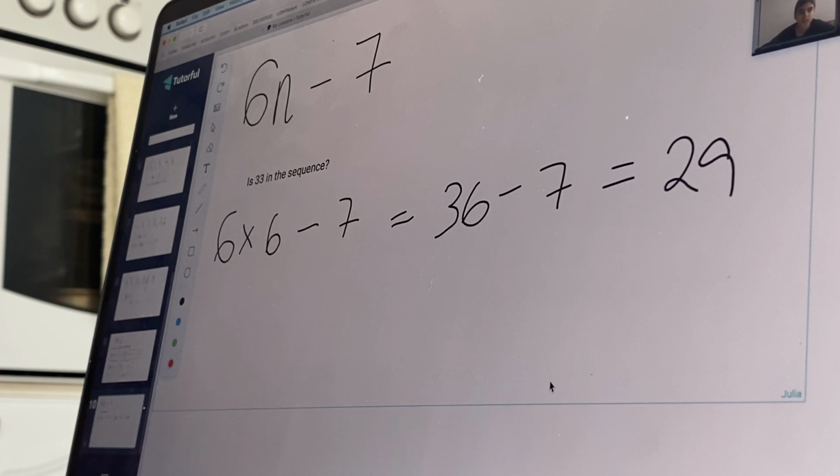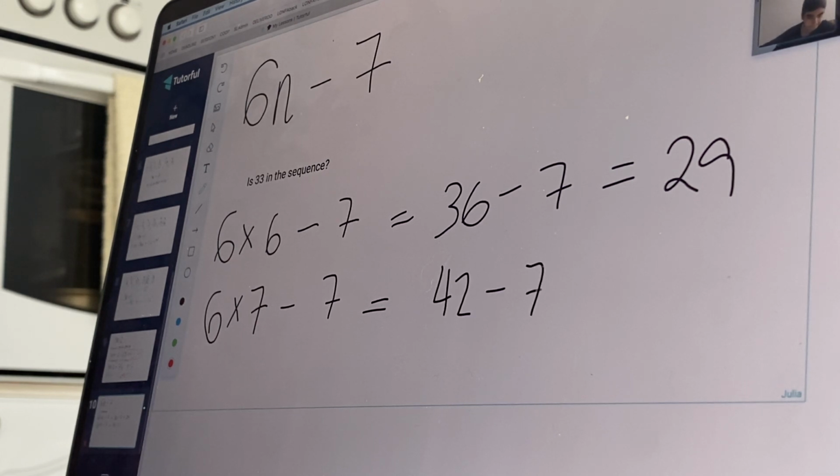How do we check? 6 times 7 is 42. No, it's going to be 35. So we know 29 is in the sequence. We know 35 is in the sequence. So therefore 33 can't be in the sequence because we've missed it out from our sequence.